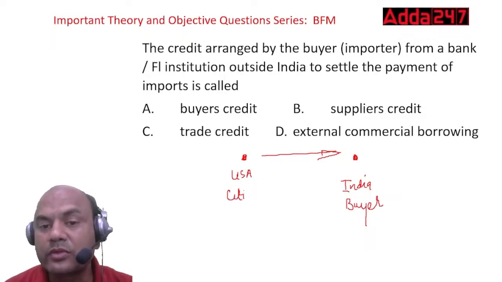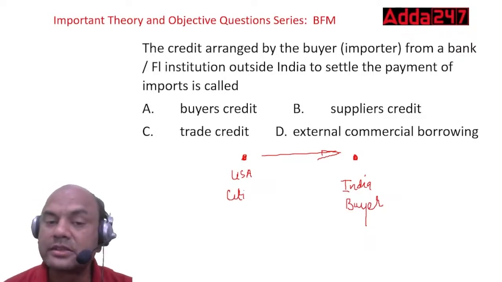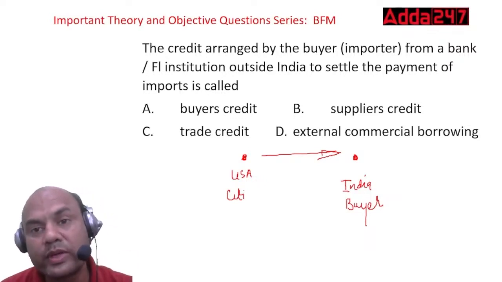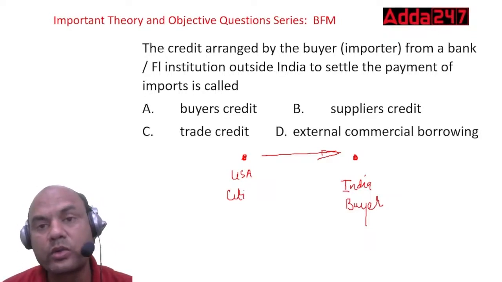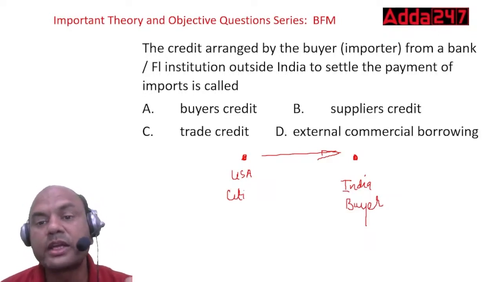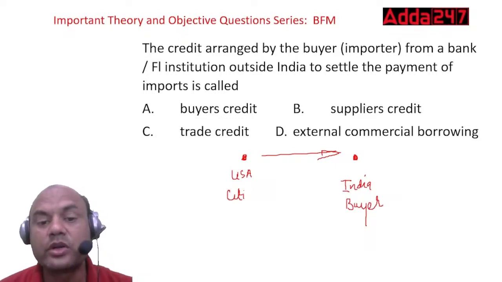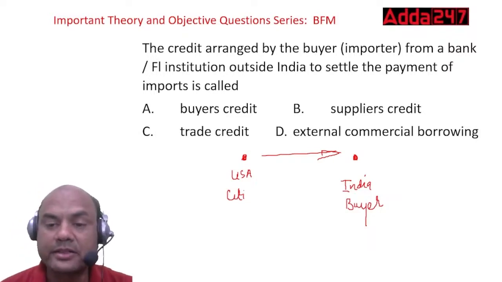Means this buyer has to pay for imports, and for that he is getting a loan. The loan can be got in two ways: through India or through outside. If he gets it through India, then it's a simple loan. If he gets it through a foreign bank, then it's called what? Buyer's credit, supplier's credit, trade credit, or ECB.